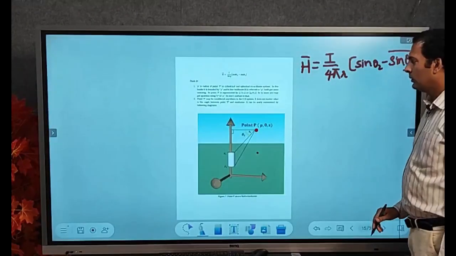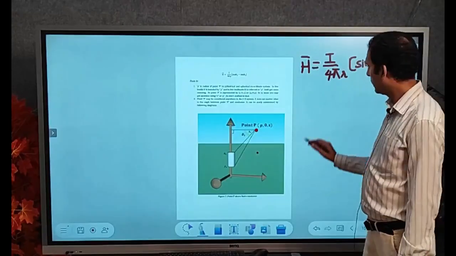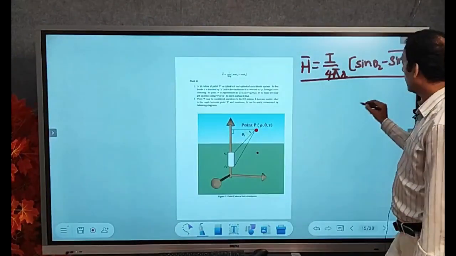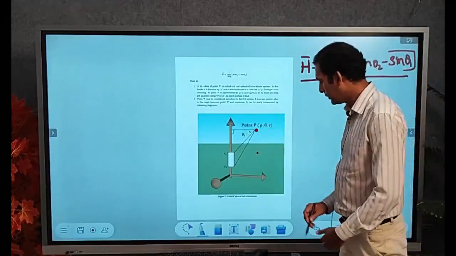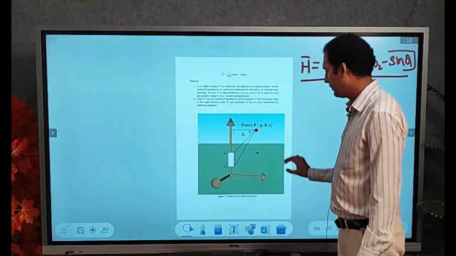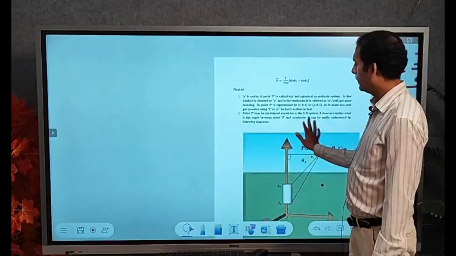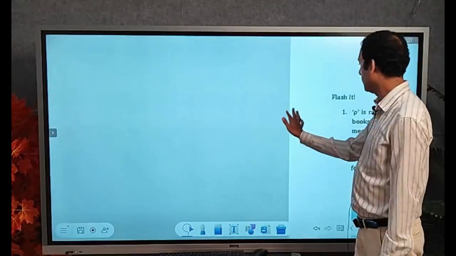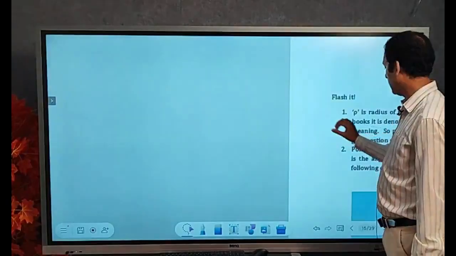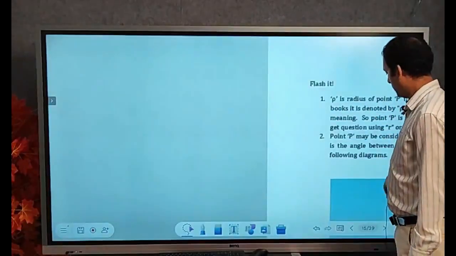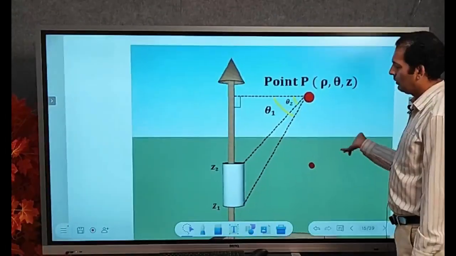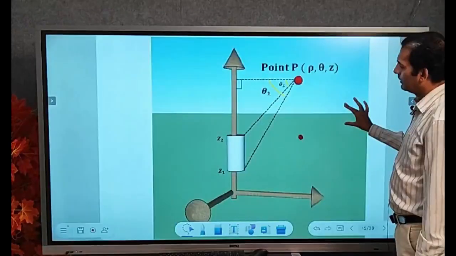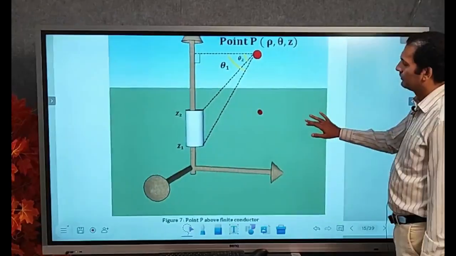Now this is the general expression where the point is on the floor. We can have different locations of the point. For example, in our derivation we considered the test point to be on the floor, that is the z equal to 0 plane. Now what if our point is placed like this?